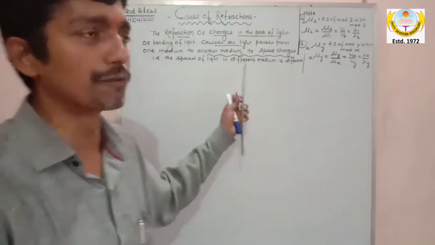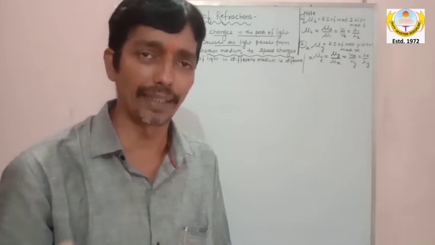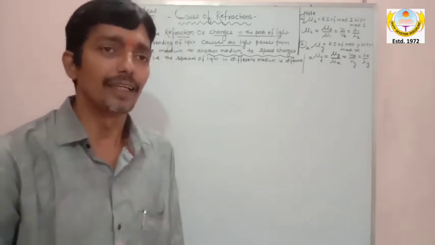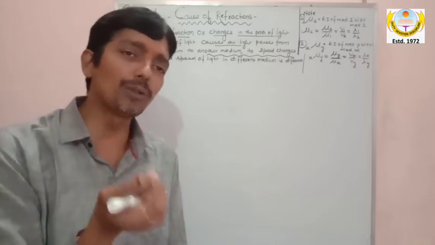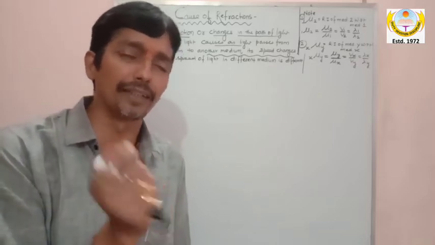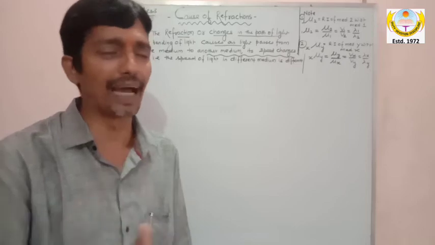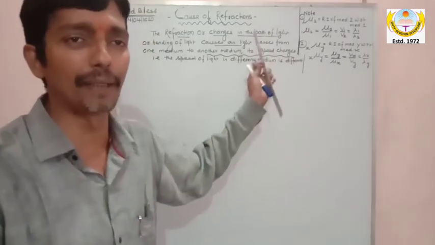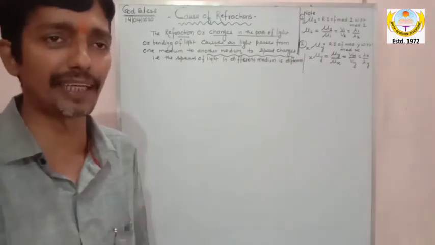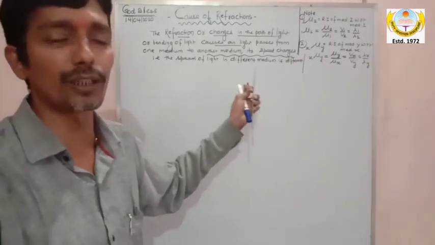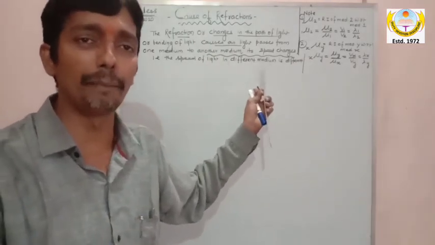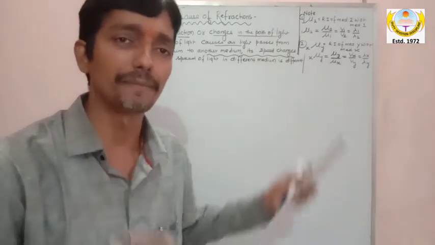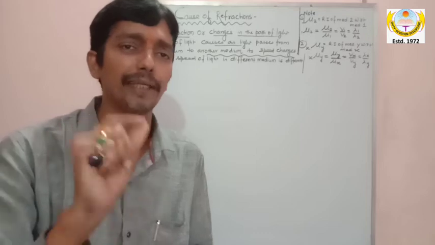Because in exams nowadays there is a question. The way the board asks it: show how the change in speed causes refraction. Prove this statement which I have written. And what is the statement? That refraction is caused when light passes from one medium to another medium, its speed changes, and that causes bending. How will you prove this statement?